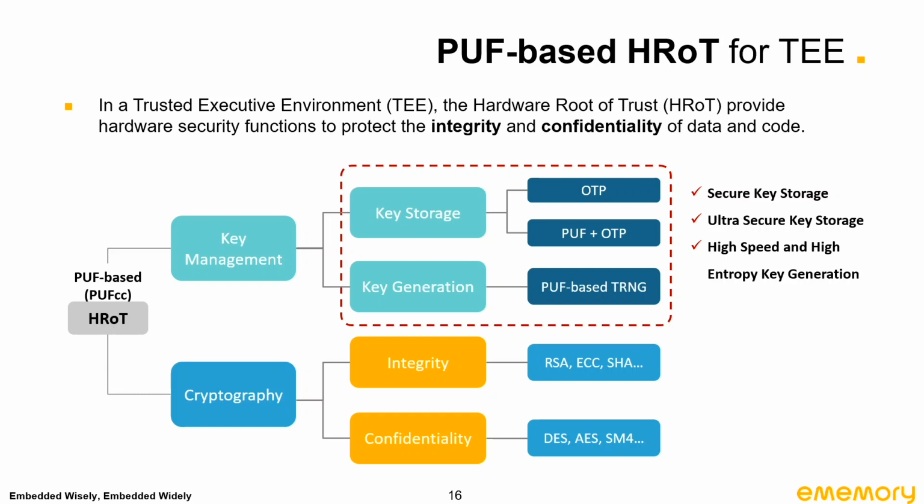Our secure OTP, consisting of both our anti-fuse technologies and POP-based technologies, creates secure key storage that hides the keys and their whereabouts from potential attackers. Furthermore, our POP-based TRNG can efficiently generate truly random keys to protect the data and the code. So from this view graph, you can see that the hardware root of trust basically consists of two parts.